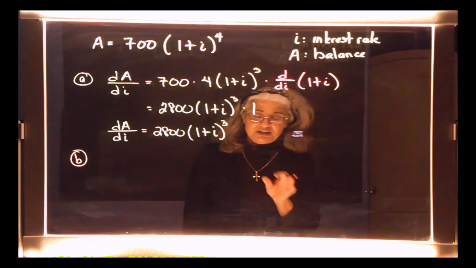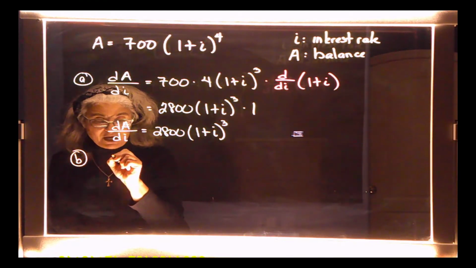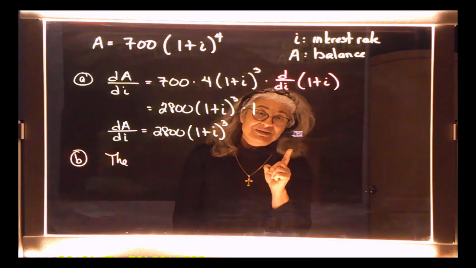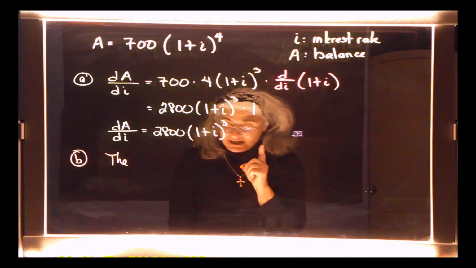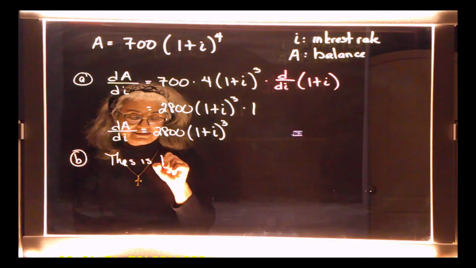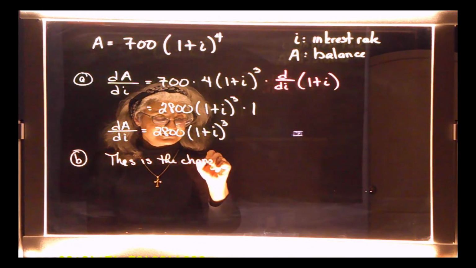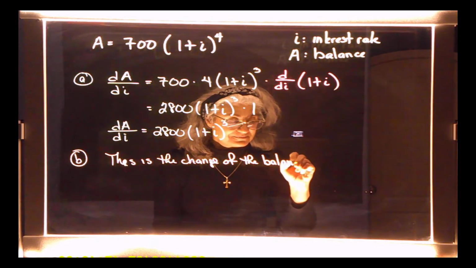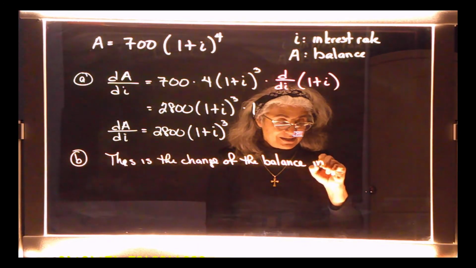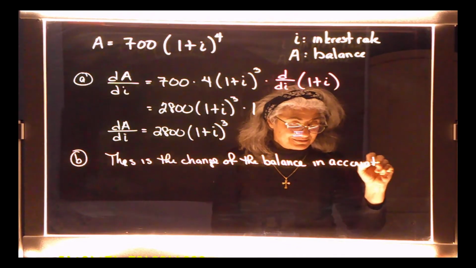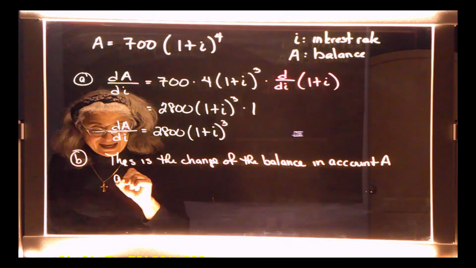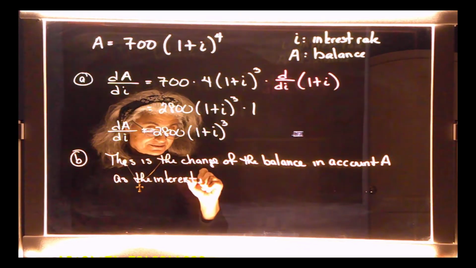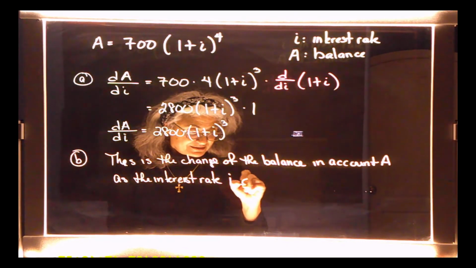Okay, well, the meaning of part A is this. This is the balance. Pardon me. See, I wrote myself a note because I wanted to make sure I wrote it correctly. This is the change of the balance in account A as the interest rate I changes.